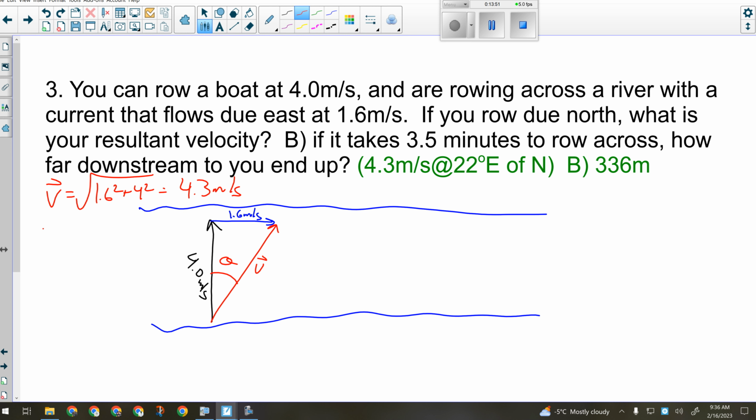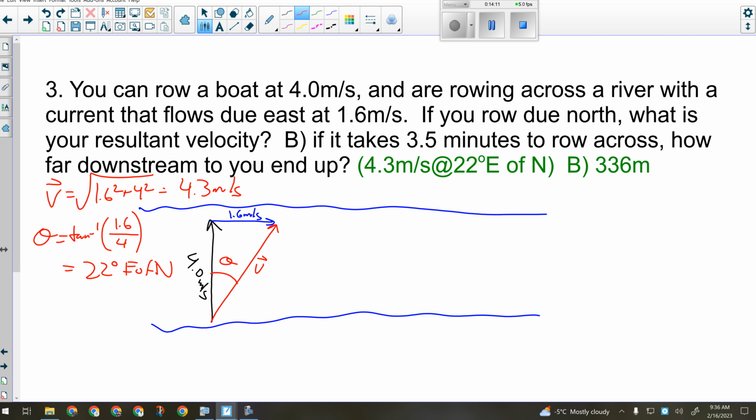Okay, and then my angle is going to be tan to the minus 1 of the opposite side, 1.6, divided by the adjacent side, 4. Okay, and that's going to give me 22 degrees east of north. Okay, so that's my resultant velocity.